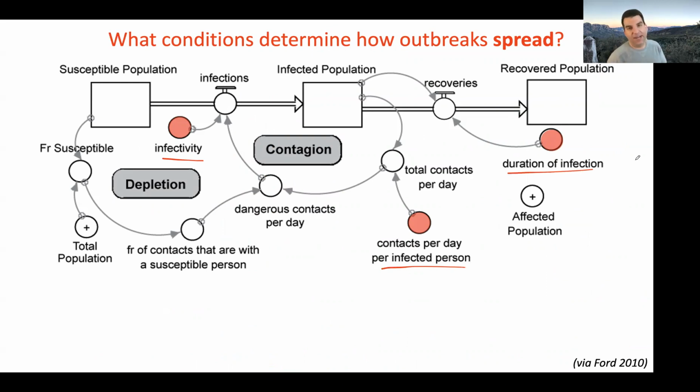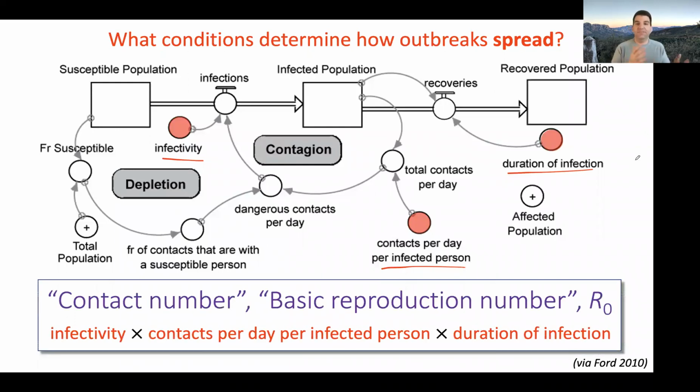If we did a little bit of mathematical analysis, which is a little outside the scope of this course, we'd find that the product of these 3 parameters forms the so-called basic reproduction number, or R0, which you may have heard about on the news or in movies or in fiction.